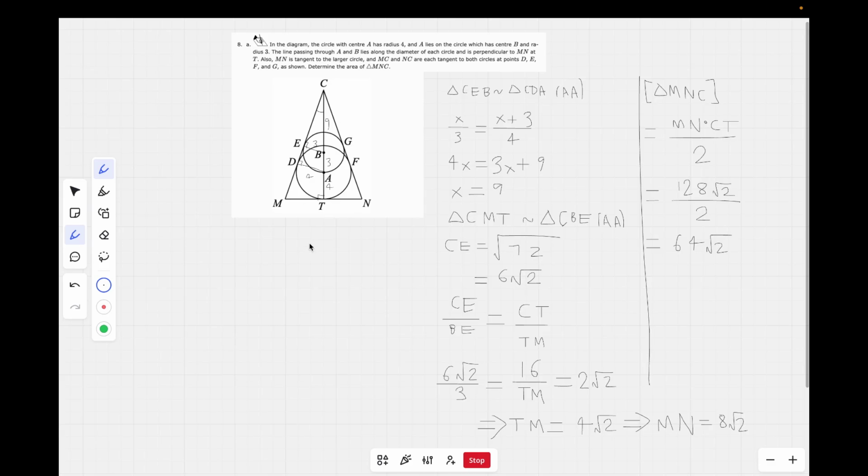You just add them all up. And then the area of a triangle is just base times height over 2, so we're finished. So the answer to question 8A is 64 root 2.